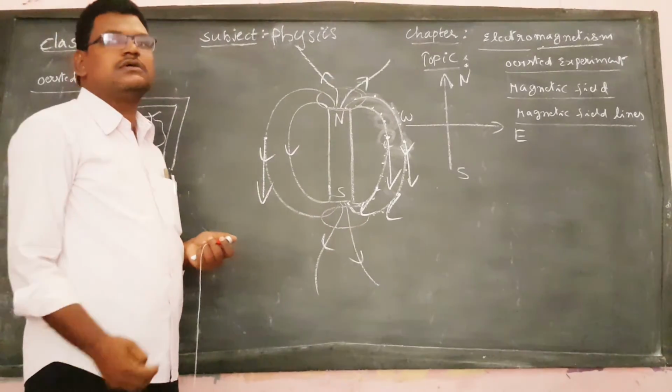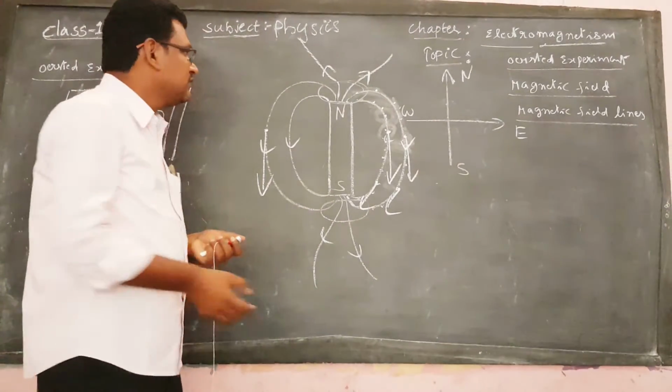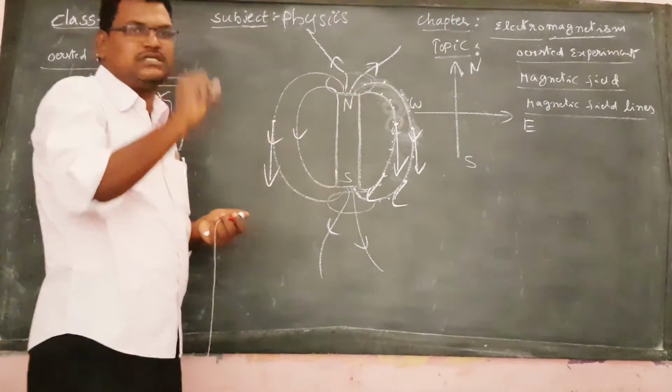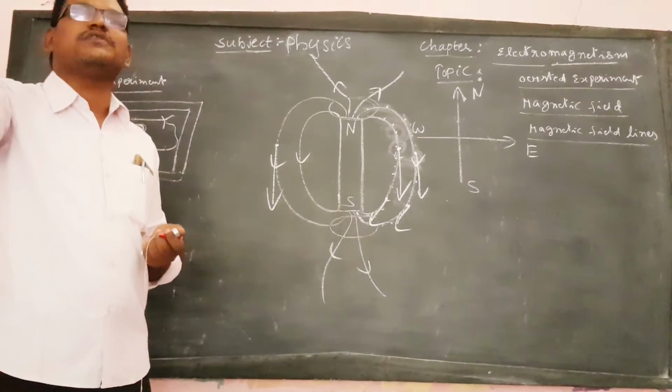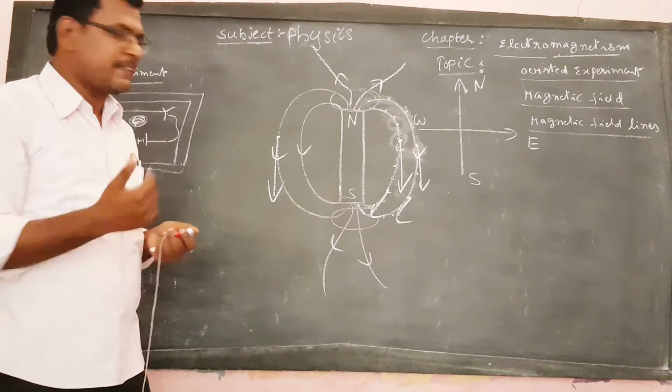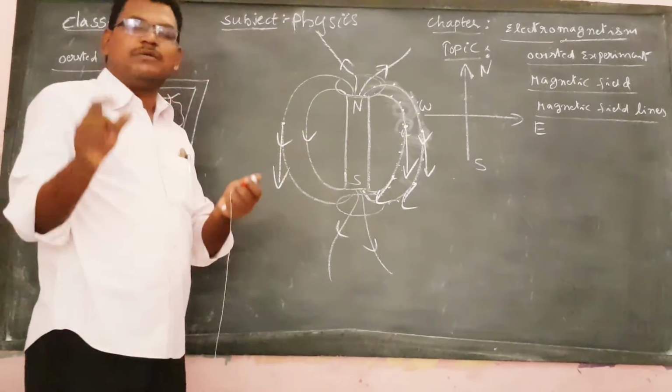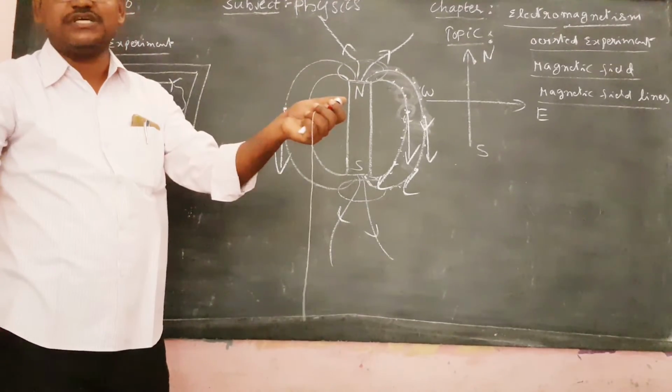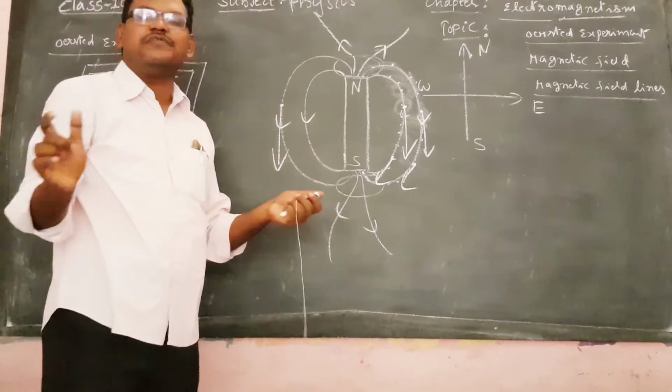That means where the magnetic field lines are closer, the strength of the magnetic field is more.